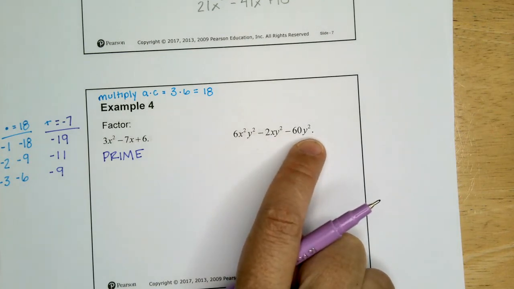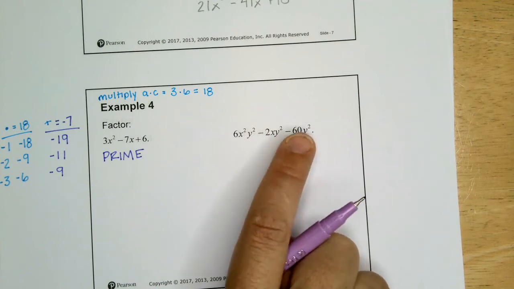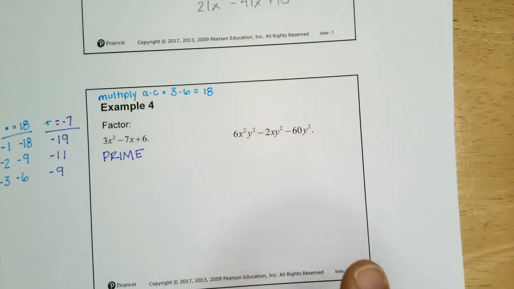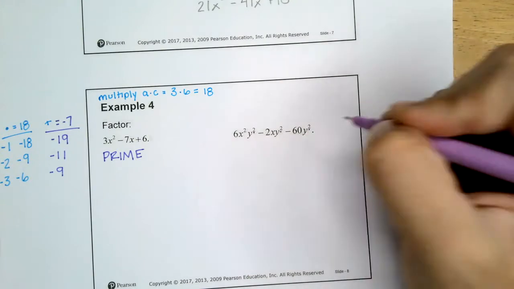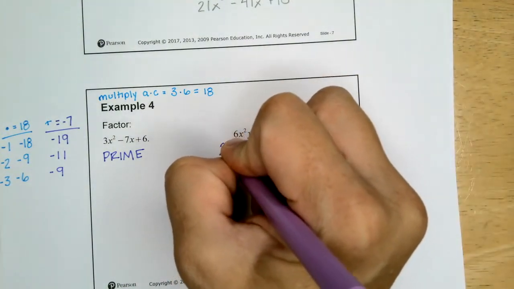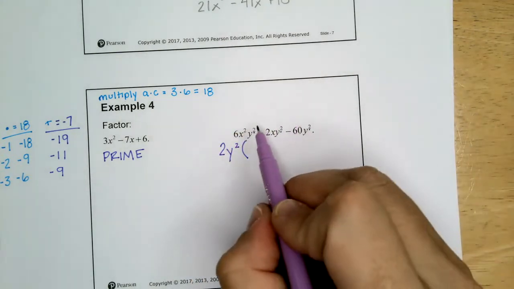Yes. So we'll say it's 2. Do they have x's in common? No. Do they have y's in common? Yes. They all have y squared. How nice. So I'm going to say my greatest common factor is 2y squared.